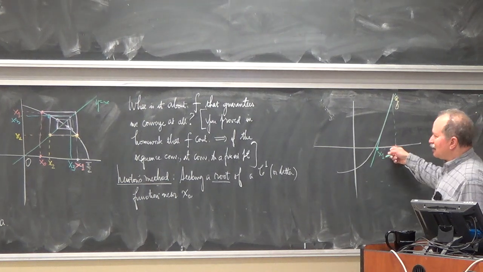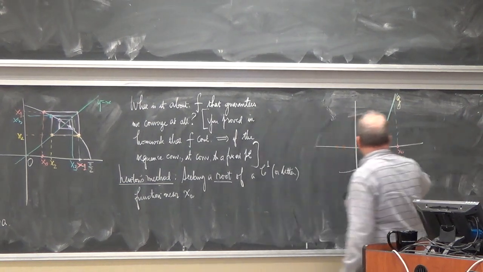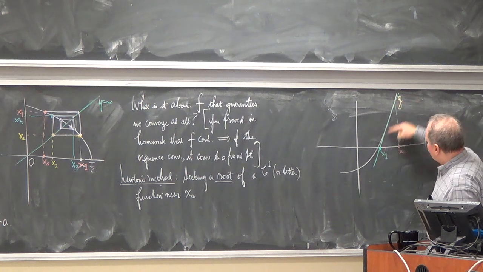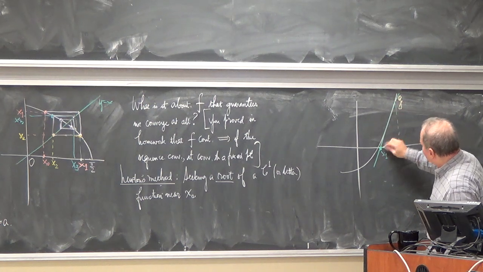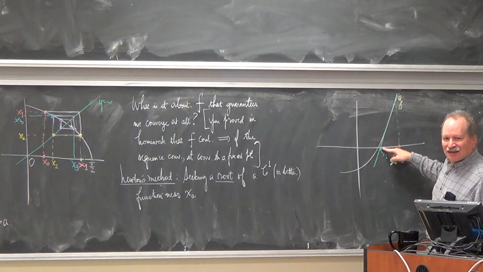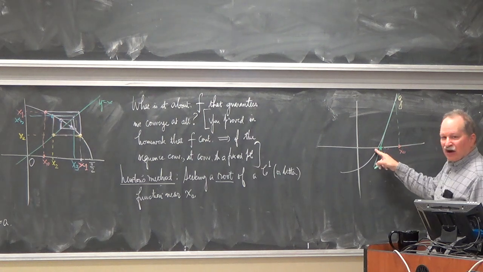My picture's slightly off here. I did not draw the right tangent line, but even if I'd drawn the correct one, it would have been very close. And so you can see you're getting there very, very quickly.